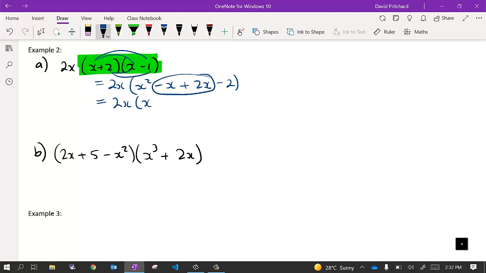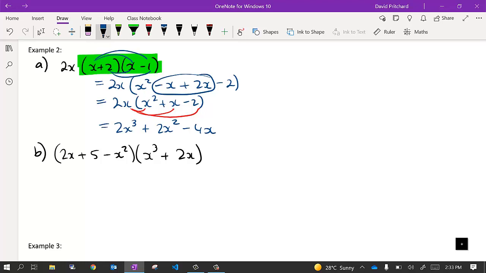So we've got x squared plus x take 2. Now that we've done that part, we can expand the second bracket. So we can use that distributive law to multiply 2x by each of those three terms. So it gives us 2x cubed plus 2x squared and take 4x. So that's as simple as it goes.